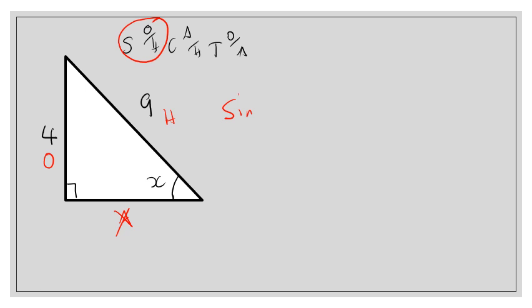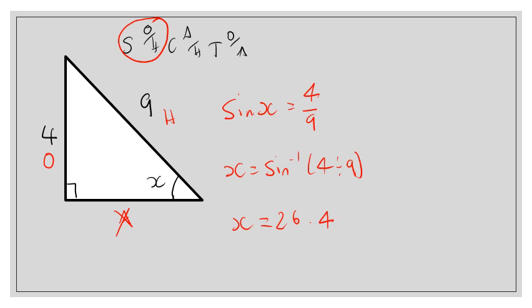So sine of my angle, sine x, equals 4 over 9. We need to undo sine, so we do sine -1. So x equals sine -1 of 4 divided by 9. Type that into our calculator. X equals 26.4.